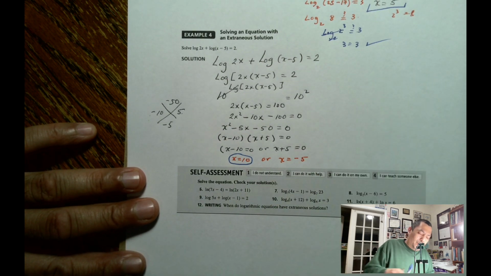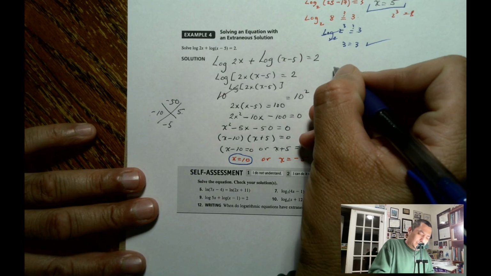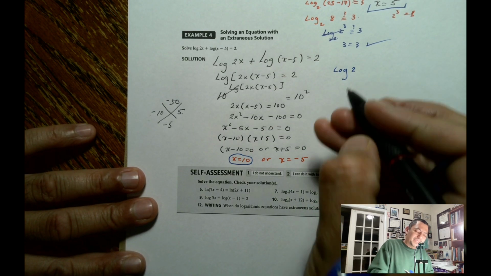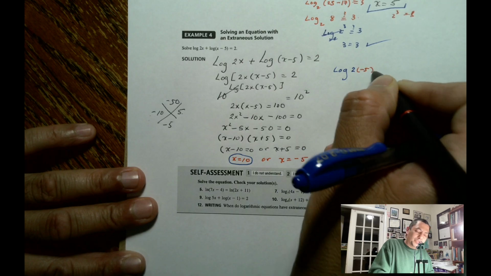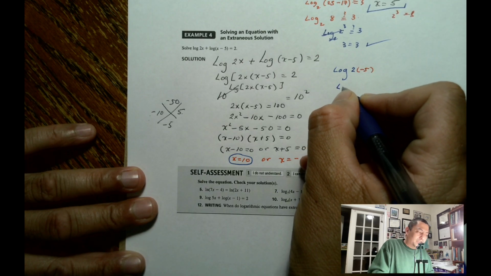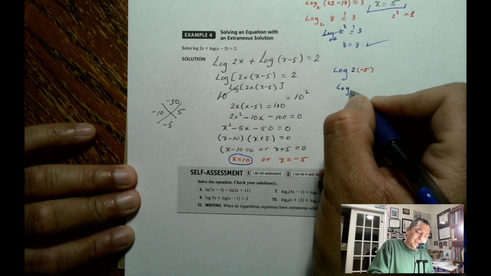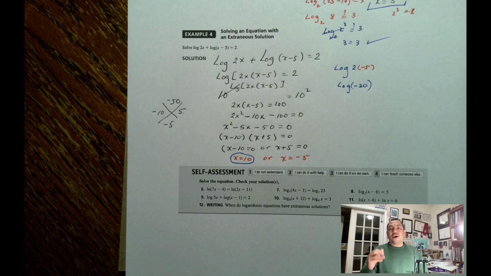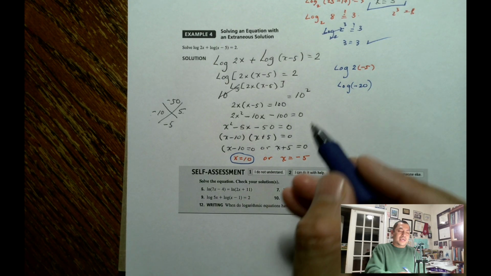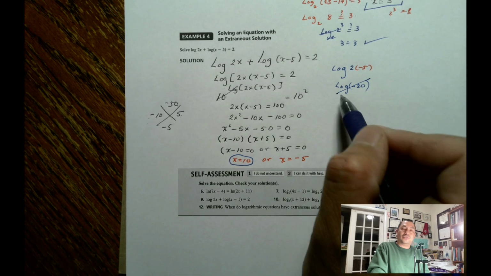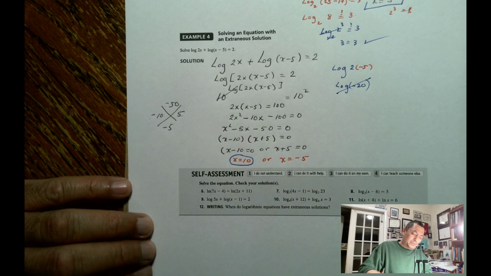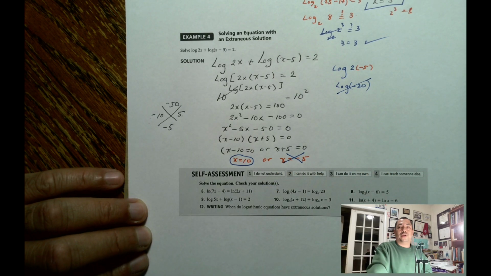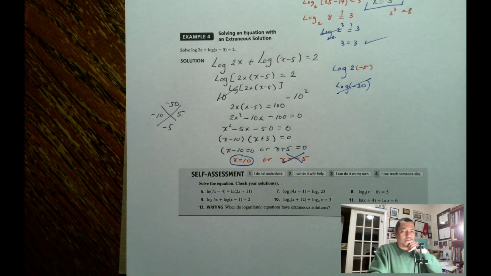So I have log base 10 of 2 times negative 5, and I'm going to stop here because this one is log of negative 20. And remember that we cannot have negative numbers. We cannot calculate the logs of negative numbers. So x equals negative 5 is my extraneous solution to this problem.